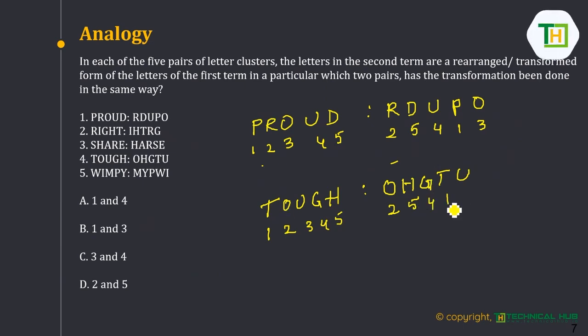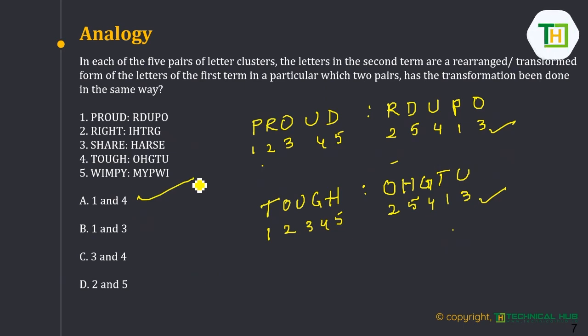T is the first position, and finally U is the third position. Yes, 2, 5, 1, 4, 3. Here also 2, 5, 1, 4, 3. So the letters are not changed, only the positions are changed. Both are the same here. Option 1 and option 4 are the same logic. So I can directly take option A as the correct answer.